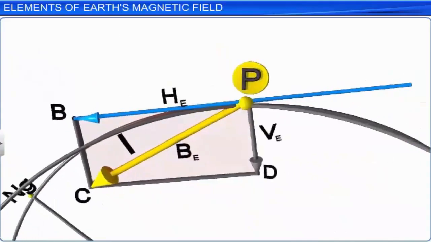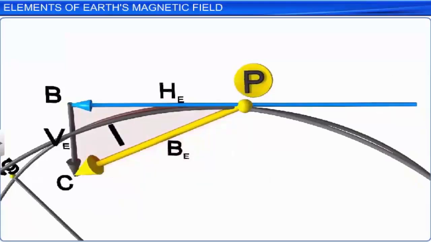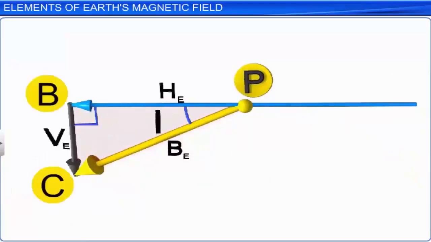Draw a horizontal line PB with the arrowhead at B. The length of this line, to some scale, represents the magnitude of HE. Draw a line PC making an angle I with PB.